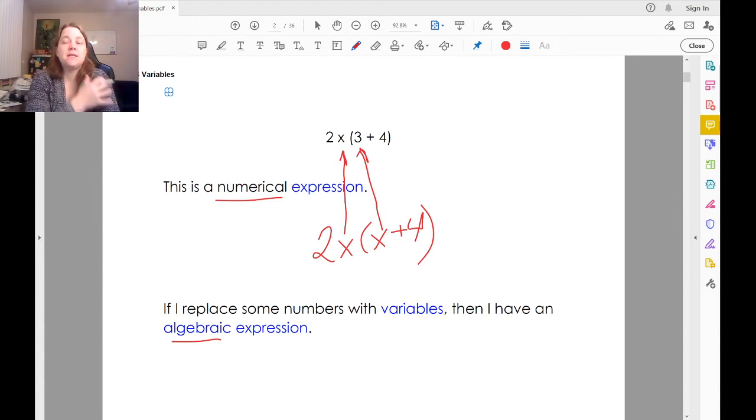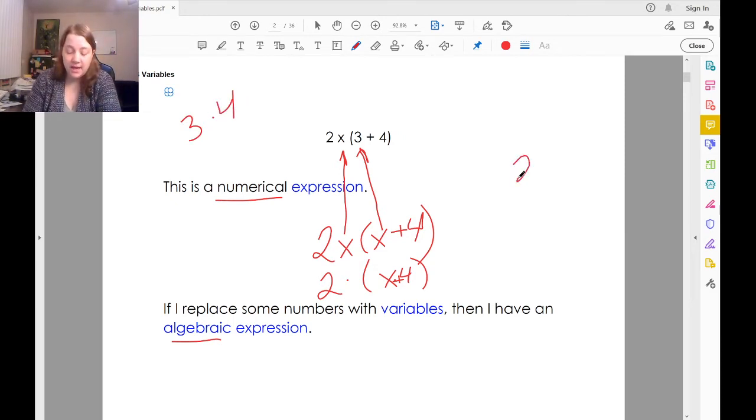Mathematicians, especially as they get older, don't use an X for a multiplication sign. Instead, they use a dot. And that dot shows multiplication, 3 times 4. Or they can even use nothing.